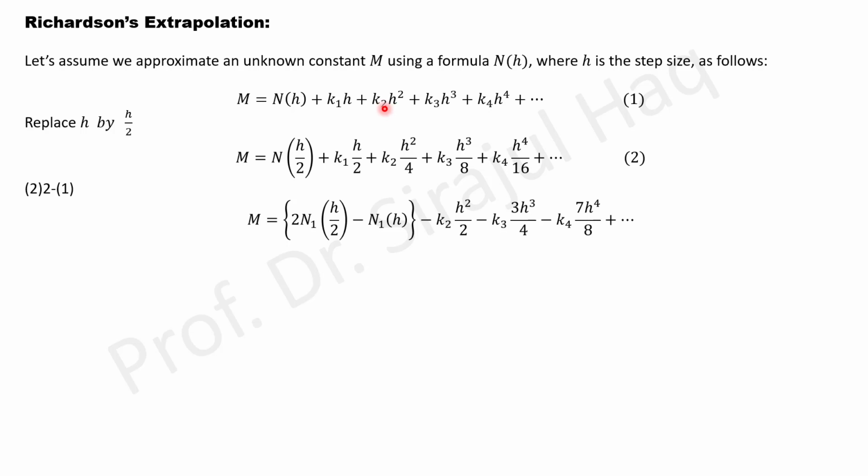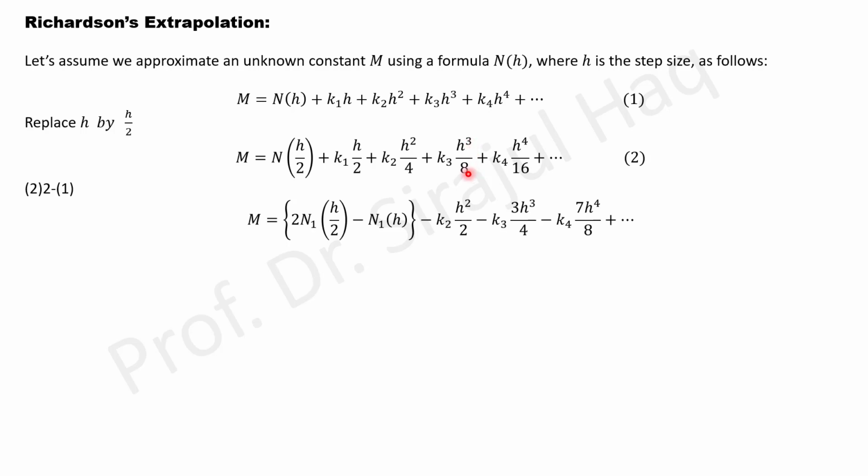So if I take k2h square common, this will become 1 divided by 2 minus 1, which is minus 1 divided by 2, which you can see over here. Similarly, if you multiply this with 2, this will become h cube divided by 4. So k3h cube is common.